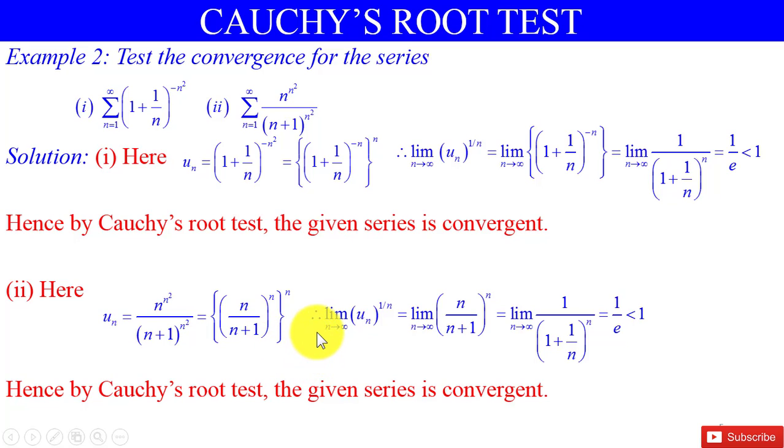Therefore, limit n tends to infinity nth root of u_n = limit n tends to infinity (n/(n+1))^n = limit n tends to infinity 1 / (1 + 1/n)^n = 1/e, which is less than 1. Therefore, by Cauchy's root test, the given series is convergent.